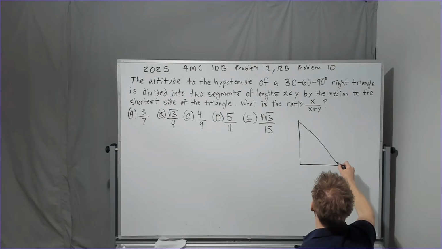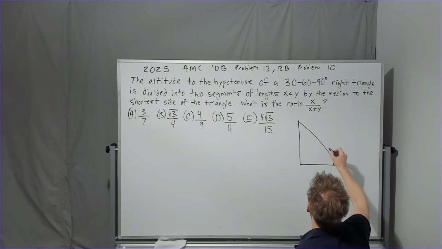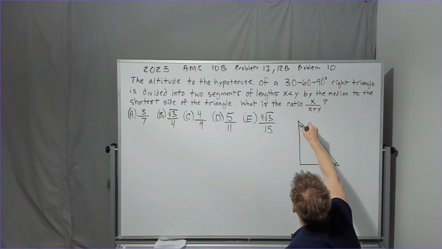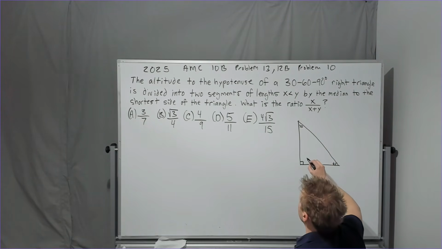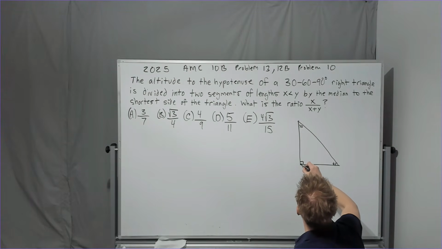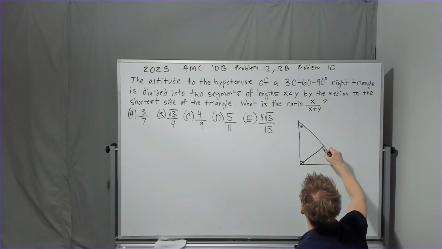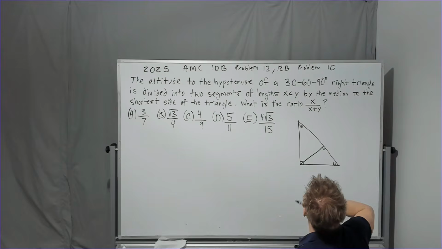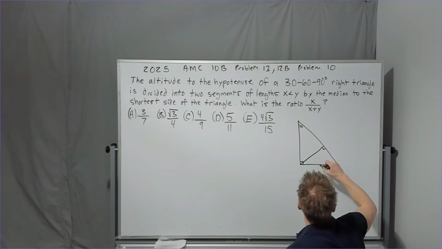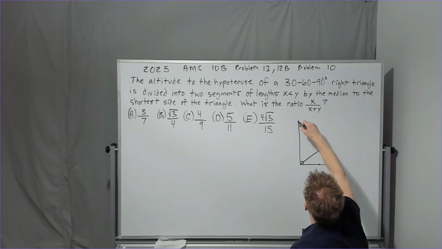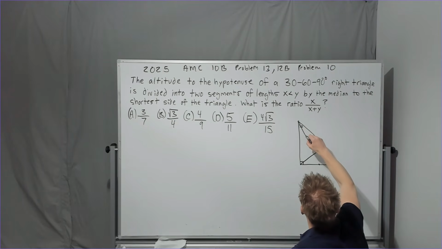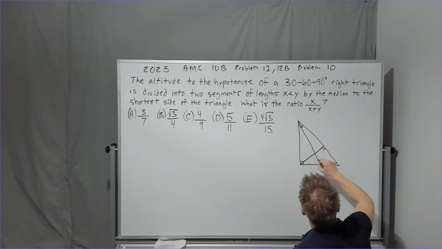And we will claim, at least, that this is 60, and this is 30, and this is 90. Okay, and we're going to draw the altitude right over to here. And we're also going to draw the median right over to here.